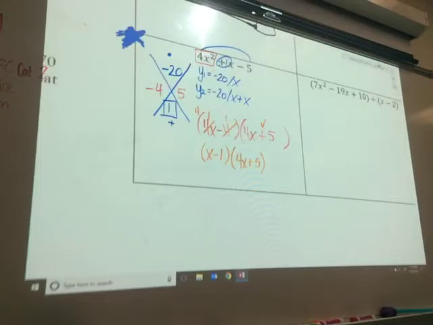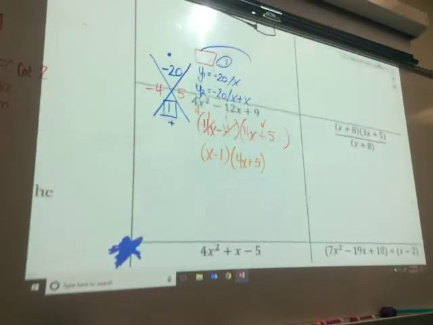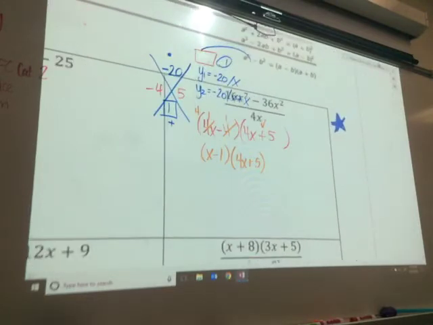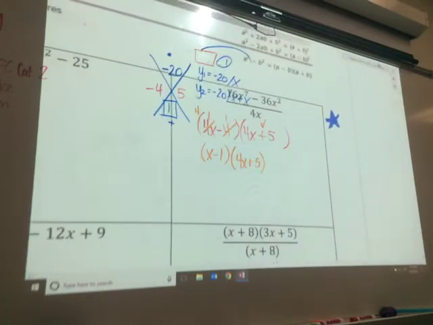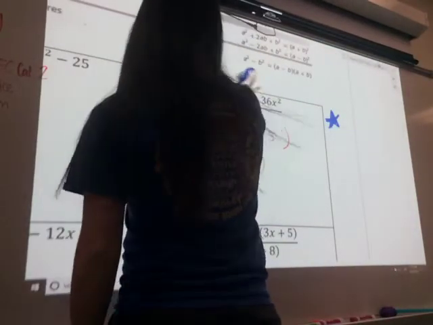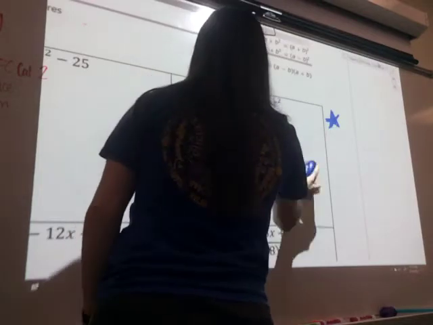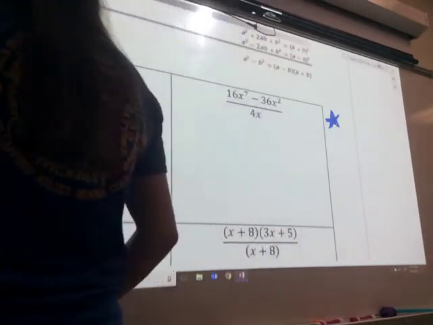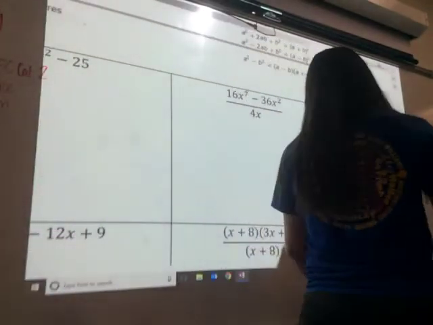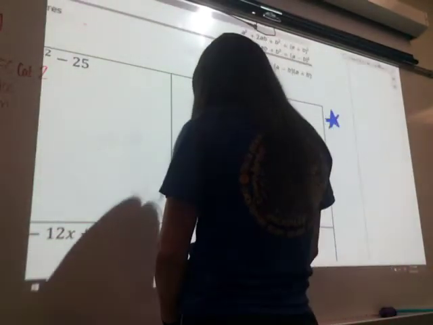Yes? Now let's go do one division problem. The top right corner. We've got a lot of things going on here. When we factor, we always have to look for what first? Starts with a G. GCF.